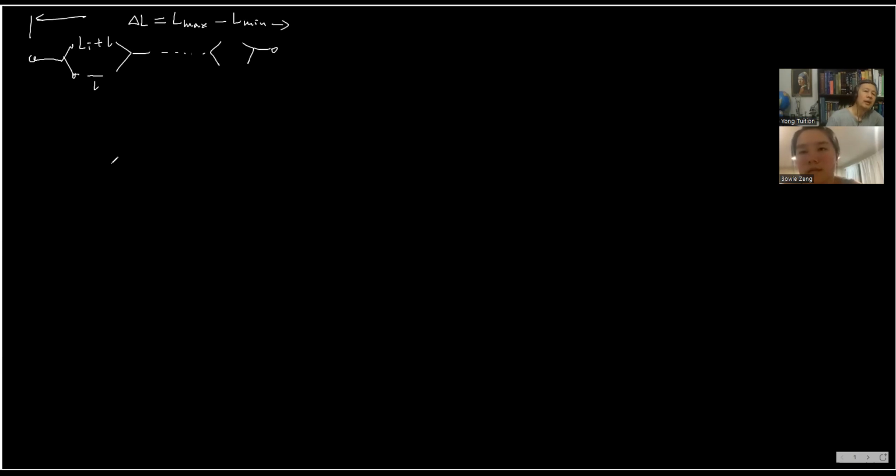So if we assume there are n switches, the minimum delay is equal to n multiply the L, the shortest for each switch, while the maximum delay is equal to n multiply this delta L. So delta L is just to make sure the change each step is not too big. So these are the two basic formulas.